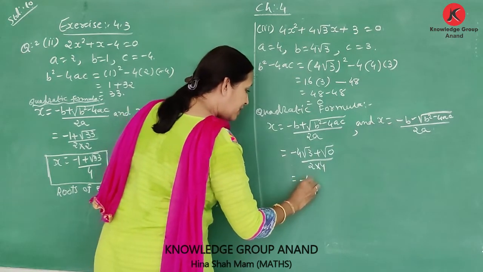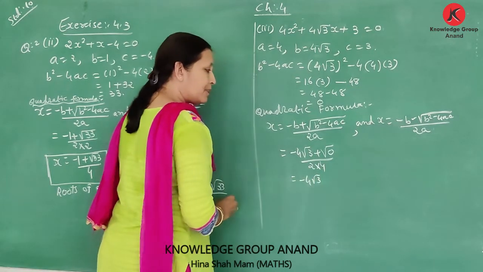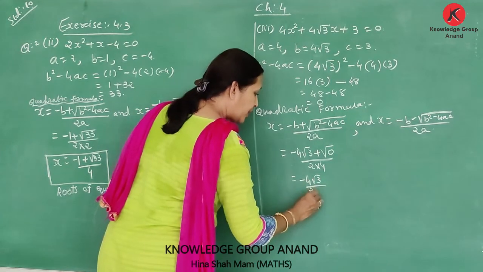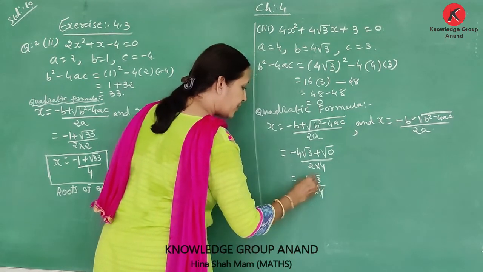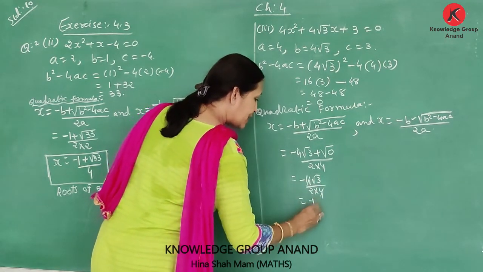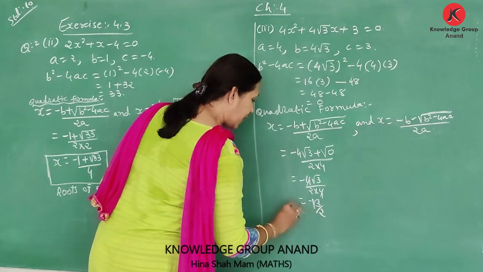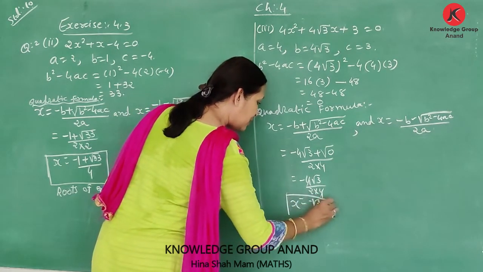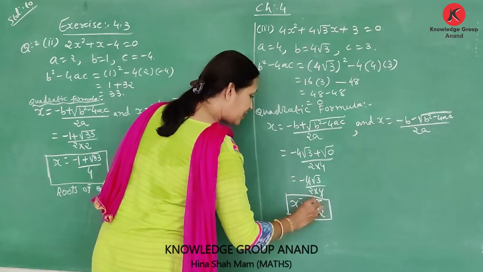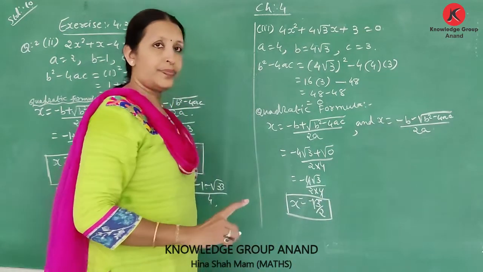Here minus 4 root 3 plus 0, that means 4 root 3 upon 2 into 4. 4 cuts, minus root 3 by 2. So x is equal to minus root 3 by 2.